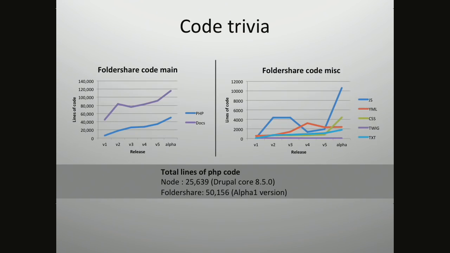Not sure if I should show this slide, but here is some trivia about how this module compares with the Node module, which ships with Drupal core. At the current time, this is twice the size of the Node module, and it's growing. We had a very difficult time implementing this functionality in Drupal core because we found that the documentation for Drupal core at the lowest level was pretty dismal.